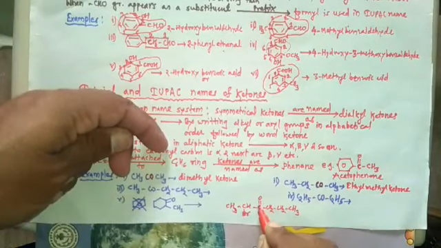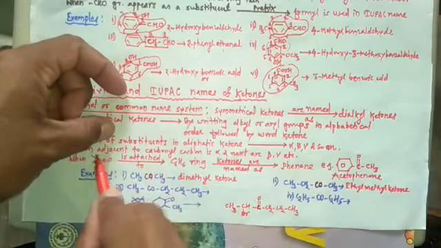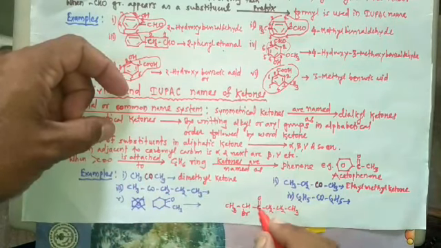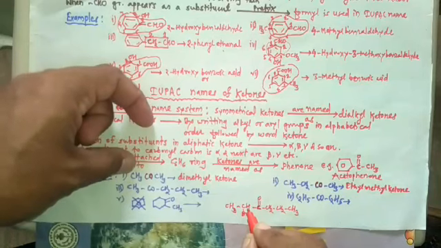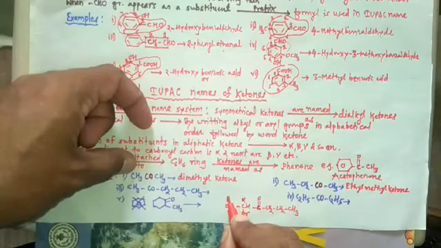This is the carbonyl carbon, and the carbon adjacent to it is alpha. So this carbon atom is the alpha, next one is the beta.